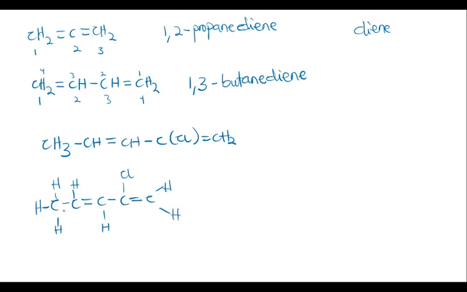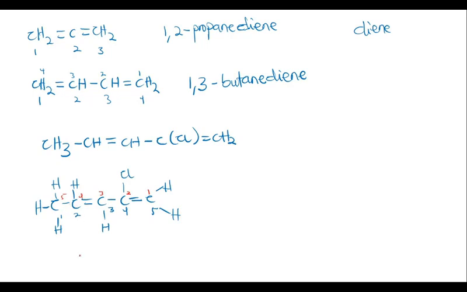So this is our carbon 1, carbon 2, carbon 3, carbon 4, carbon 5, and someone using the other way will say carbon 1, carbon 2, carbon 3, carbon 4, carbon 5.